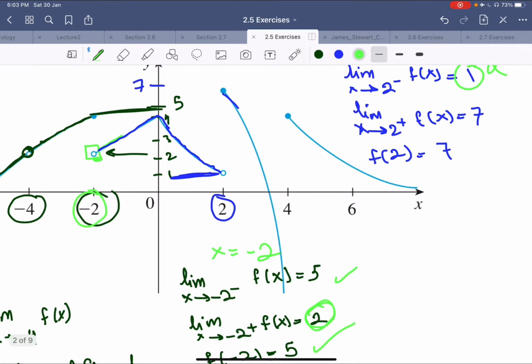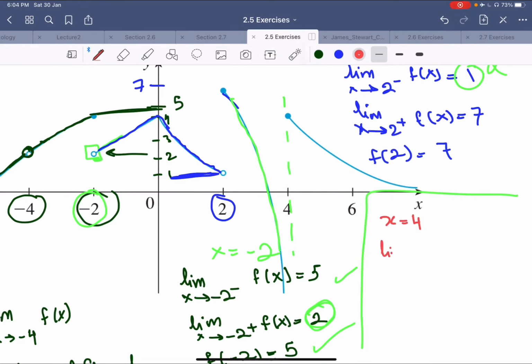And then we continue. We continue along the same line. It will stay continuous until we are near x equals 4, where we can find a vertical asymptote. We will come to asymptotes in a little bit. We find from the left, and again the same rule applies at x equals 4.